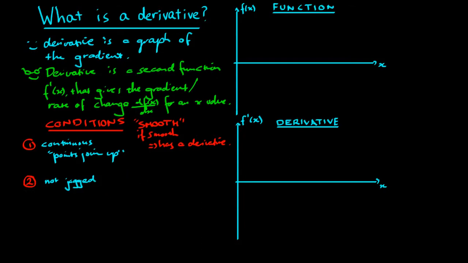And the mathematical definitions for these conditions are if it's continuous, if we take the point fx plus h and fx, then the difference between those 2 points should approach 0 as h approaches 0.